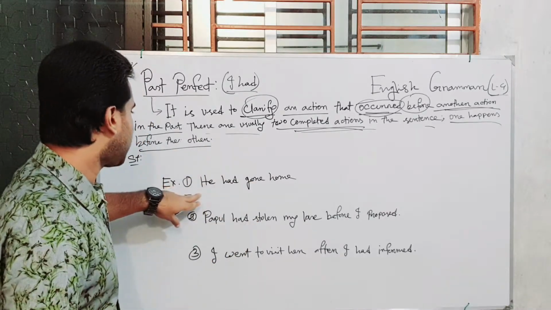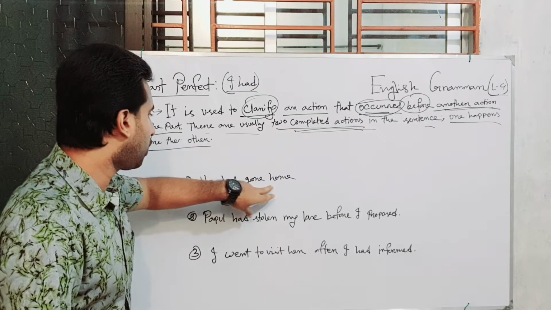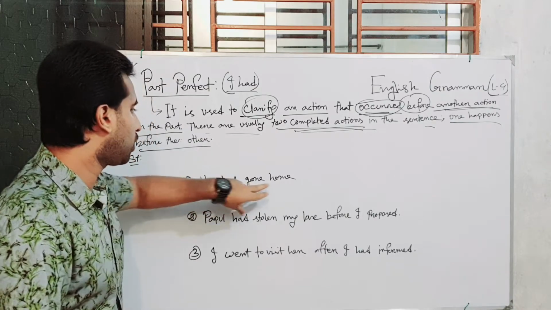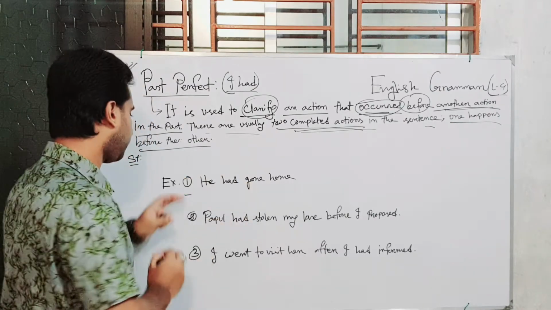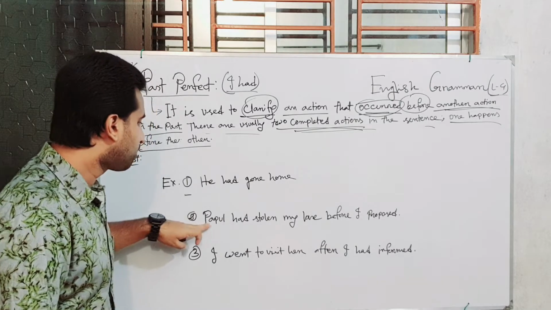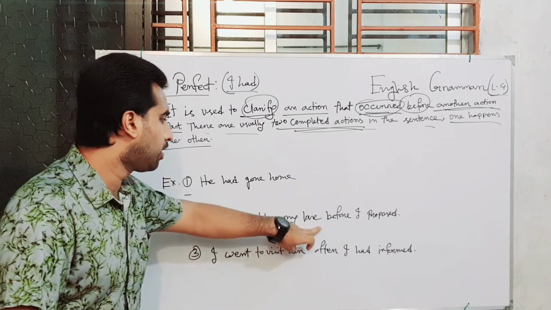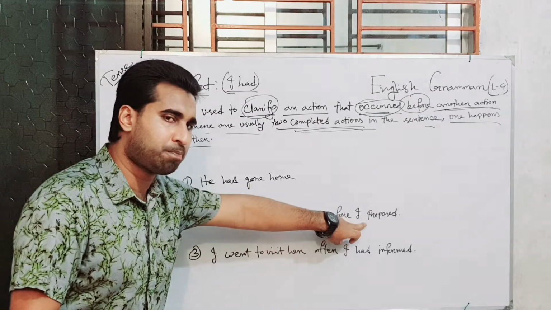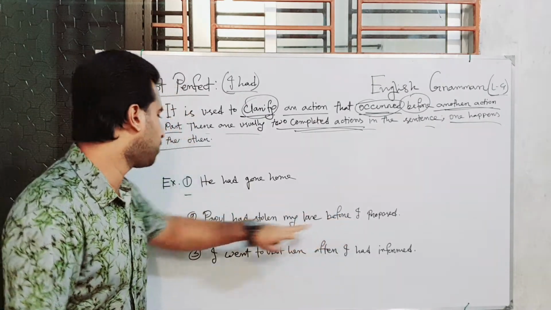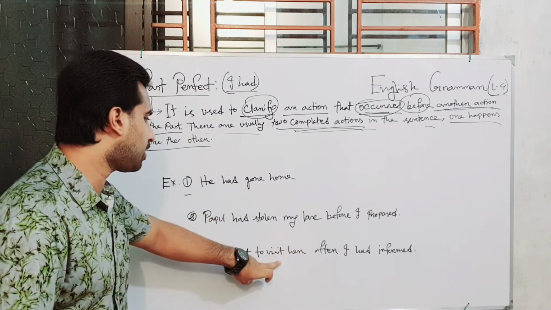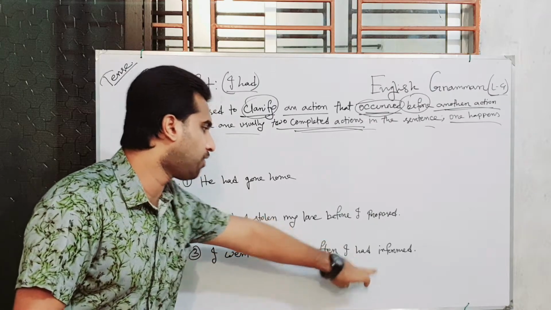Look at this sentence. He had gone home. And the next one is, Papul had stolen my love before I proposed. I went to visit her after I had informed.